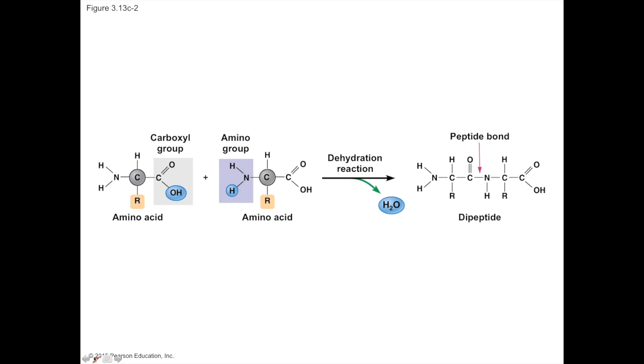And let me get my pen. All right, so you have an amino acid plus an amino acid. Whenever you want to bring these two amino acids together, you're going to do a dehydration reaction, and you're going to form a peptide bond. If, let's say, you put 10 amino acids together, you've made a polypeptide.